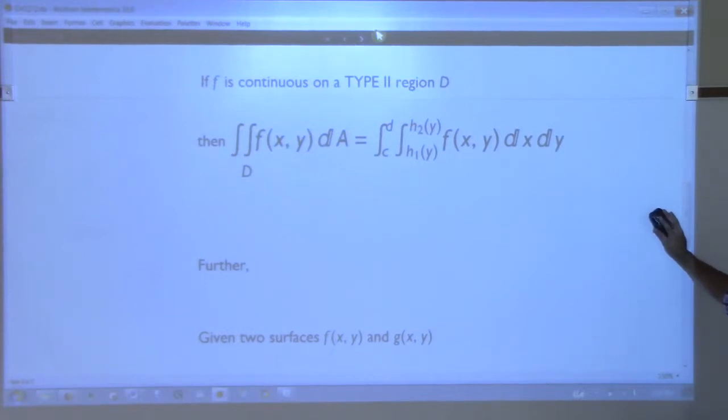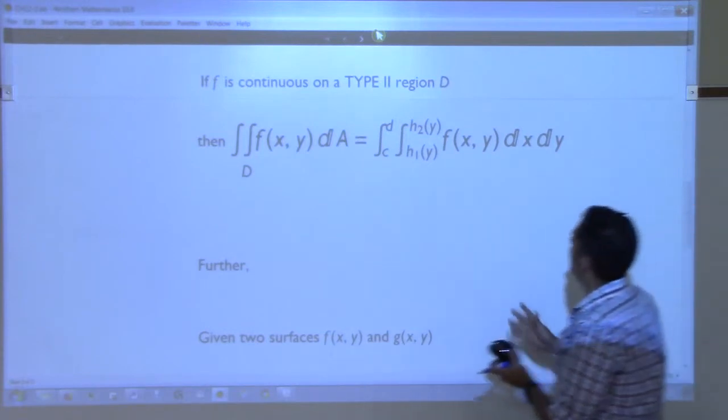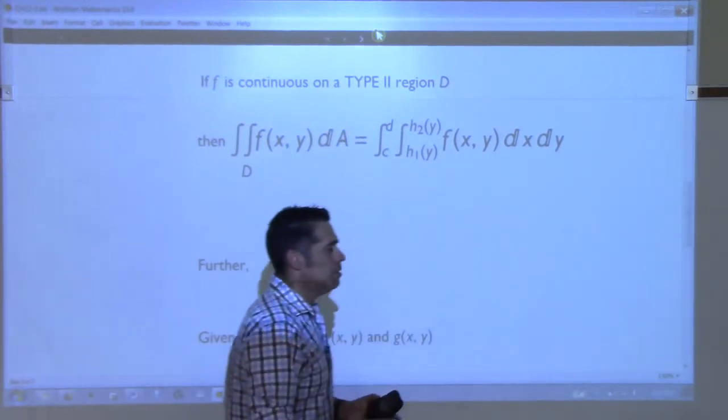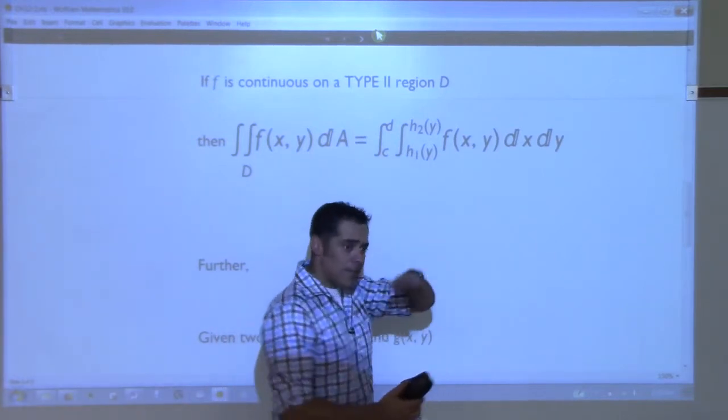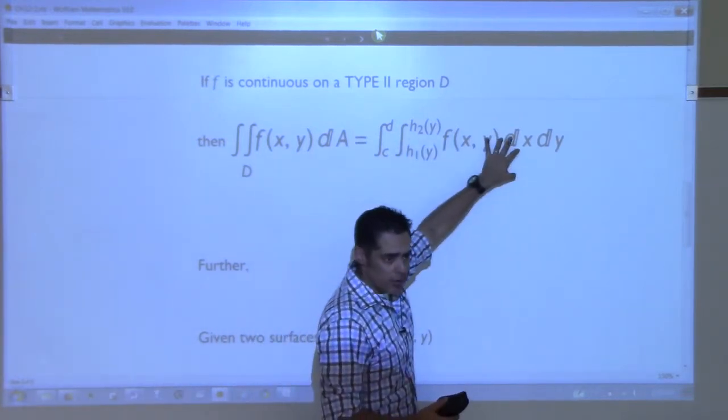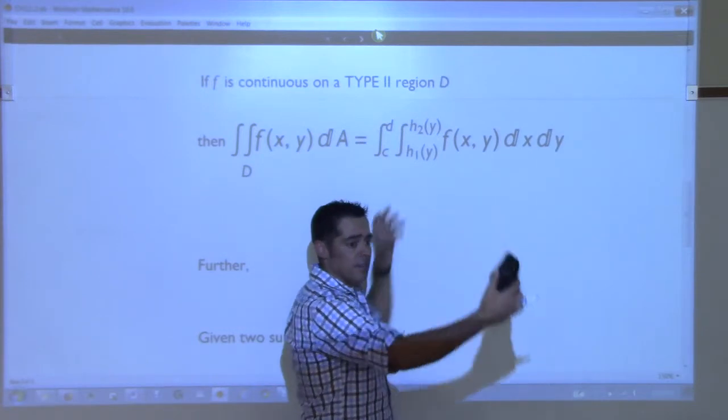The order of the what? The integrals, like the c, d, and then the functions are always the second one. In type 1, it was the functions of x, but it was still the second integral. Yes. So on both type 1 and type 2, whatever your functions are, whatever your limits are, they're always on the inner integral. Whatever's the constant is always the outer integral.